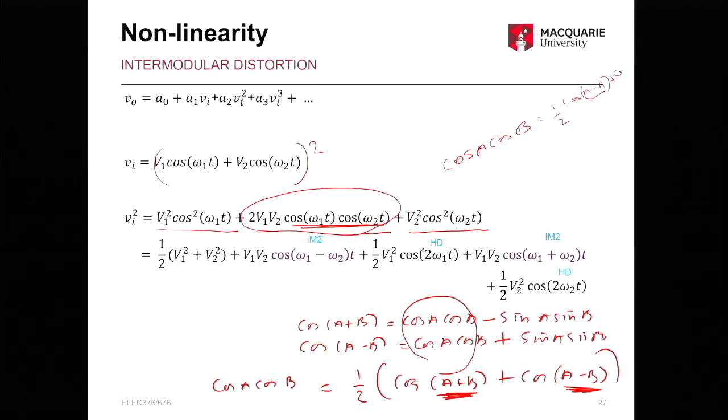Those are not harmonics, so you cannot get omega 1 minus omega 2 by multiplying either omega 1 or omega 2 by an integer. Maybe in some special cases, but not always. It doesn't have to be a multiple of either of the frequencies. So you generate a completely new frequency through intermodulation.